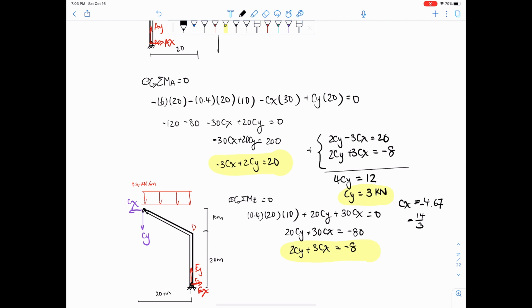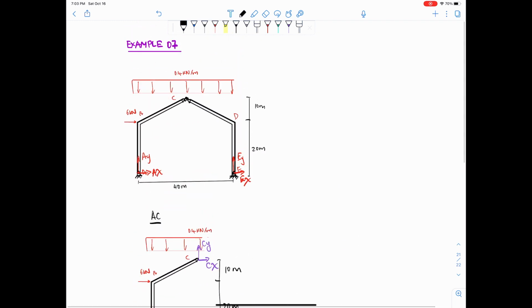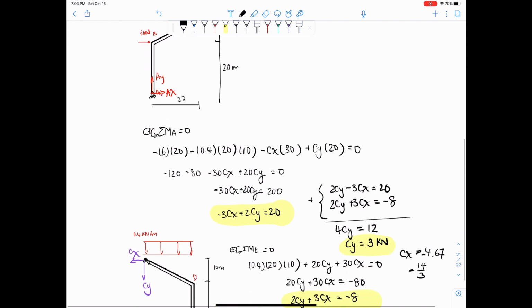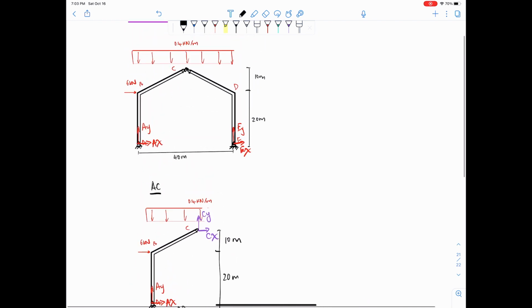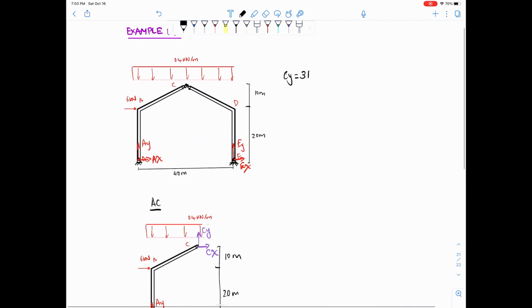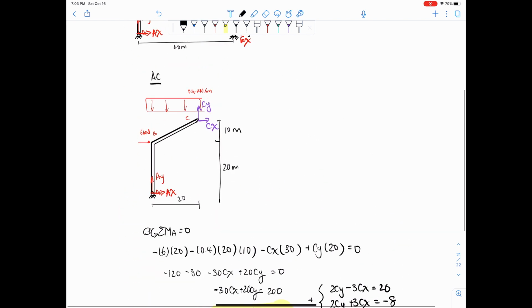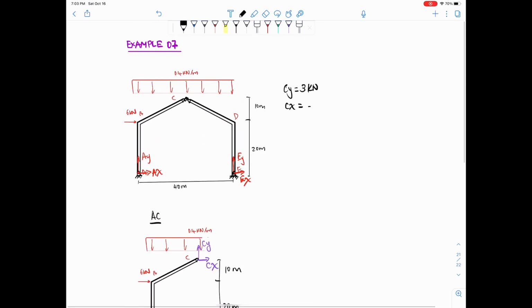Okay, so let's go back to this original system. Now that we know cy equals 3 kilonewtons, and cx is equal to negative 4.67.